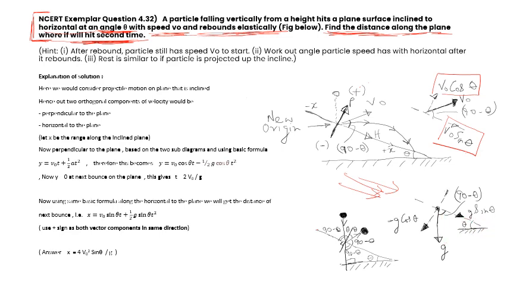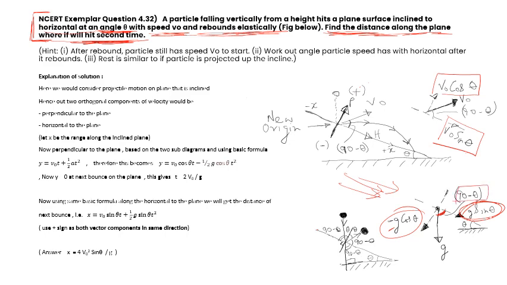Therefore, its component perpendicular to the plane will be minus g cos theta, because it is in the negative direction of our axis, this being the positive direction and this being the negative direction. And the component along the plane will be g sine theta, because we know this angle as 90 minus theta.